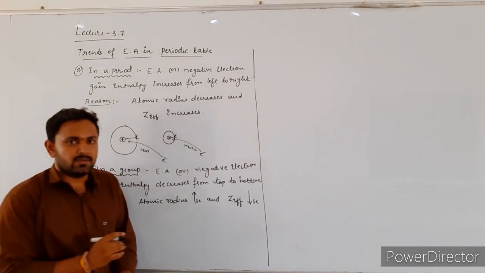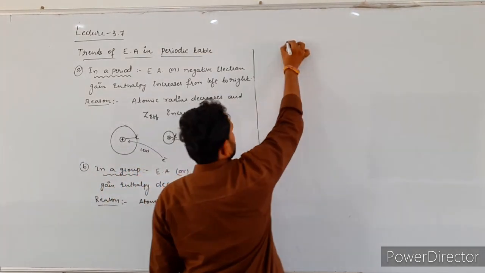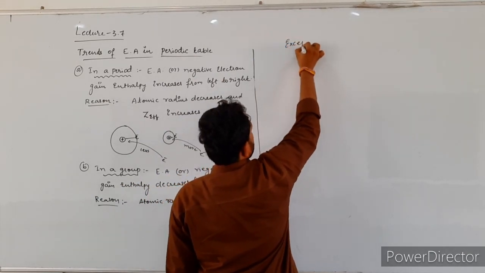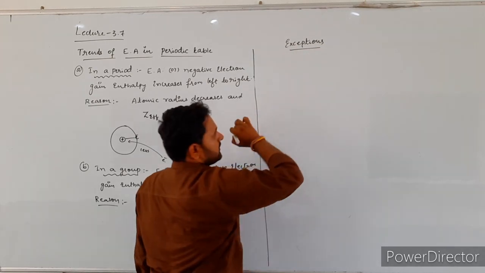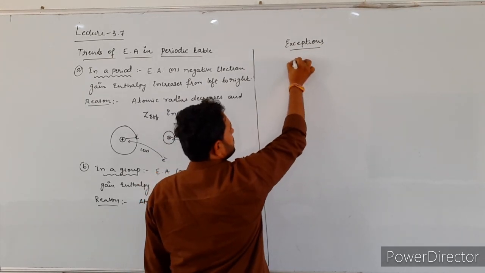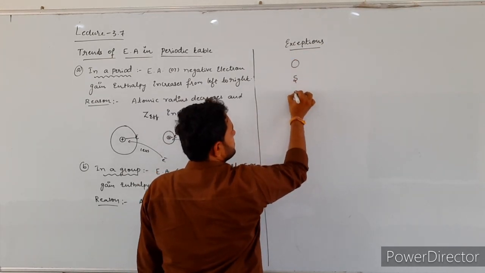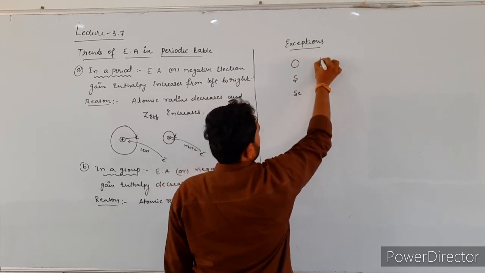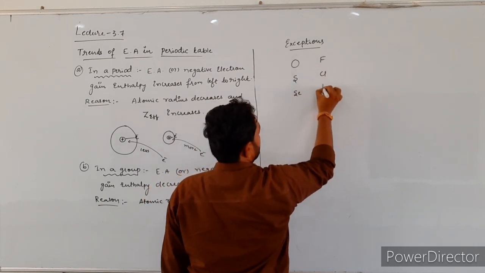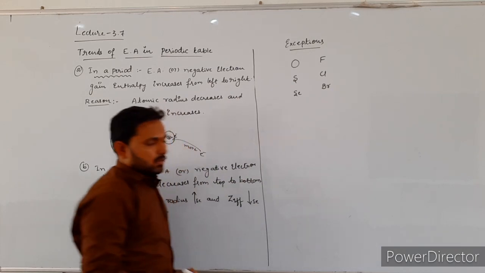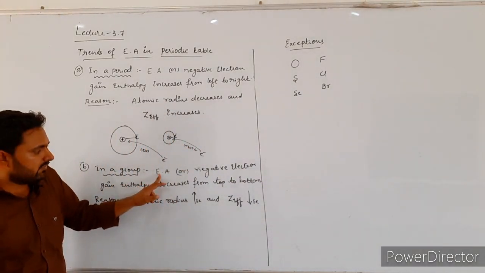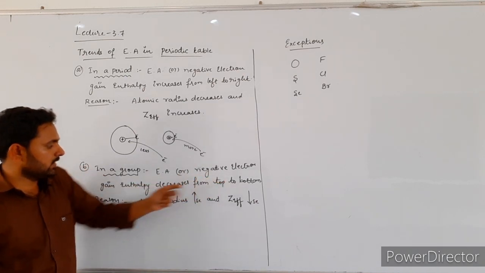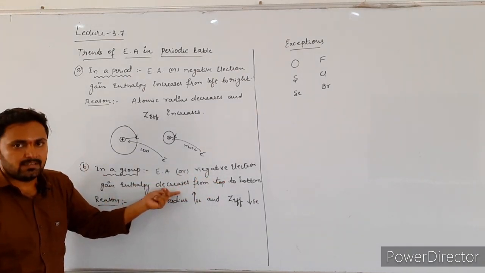Now let us discuss some exception cases. Exceptions. I will take some elements: oxygen, sulfur, selenium. Next, fluorine, chlorine, bromine. According to the general trend, in a group, electron affinity or negative electron gain enthalpy decreases, right?